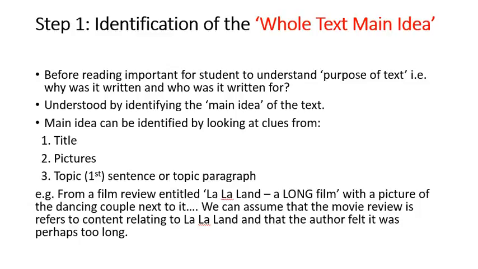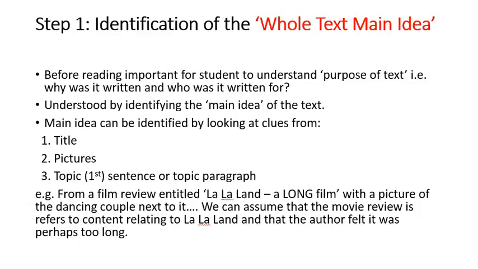You can look at the pictures if the student is lucky to have these provided. And you can look at the very first topic sentence of the entire text, or if this is not enough, the entire topic paragraph, because the first paragraph is always your introductory paragraph. So it tells you what the entire text or story is going to be about.